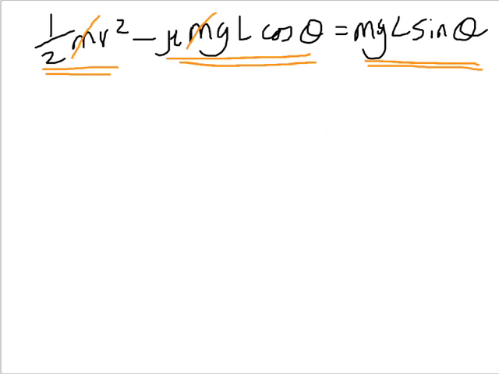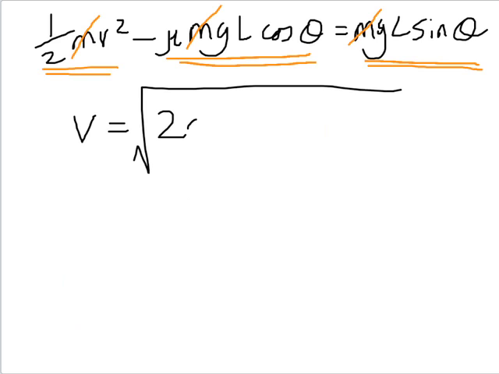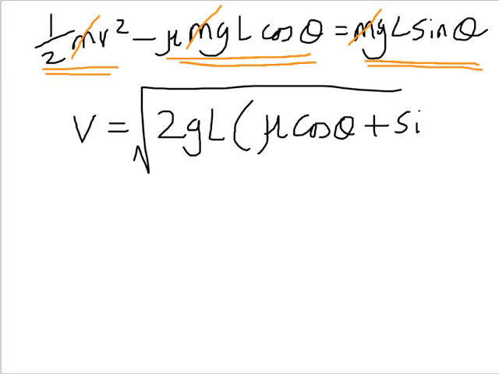So that's in everything here. What we want to find out is V. So we rearrange it so that V is all by itself on the left, and you end up with V equals root 2g L (mu cos theta plus sine theta).